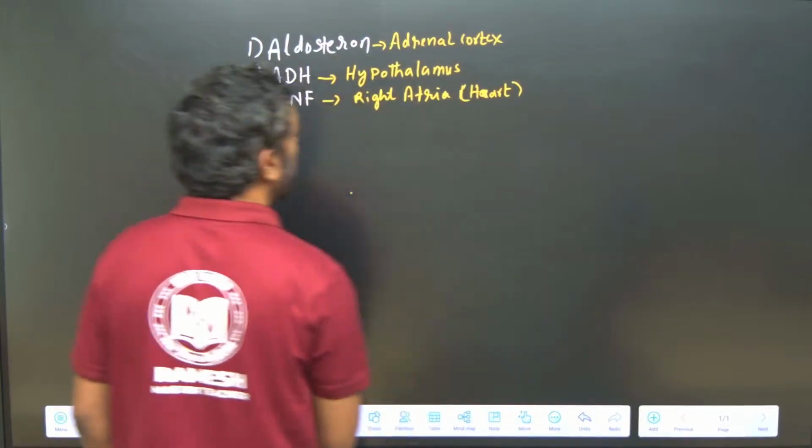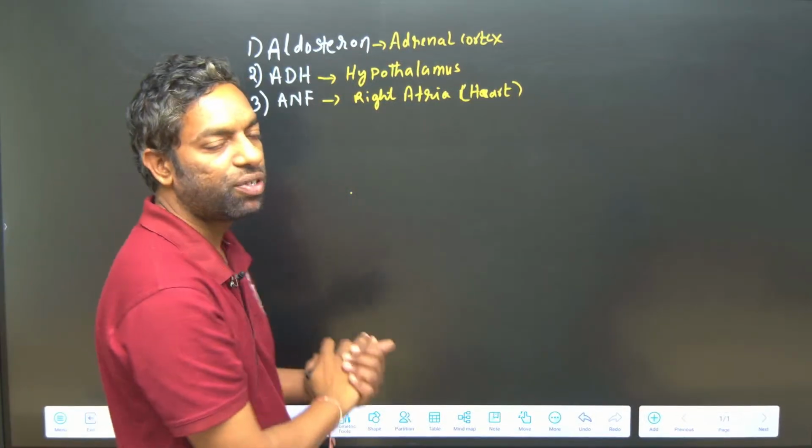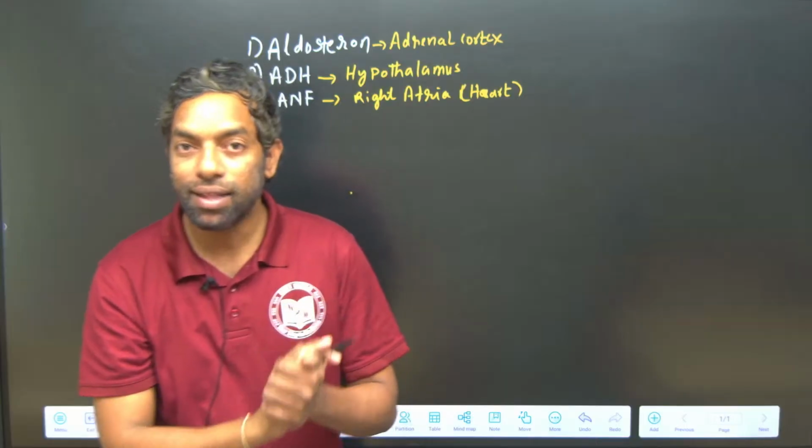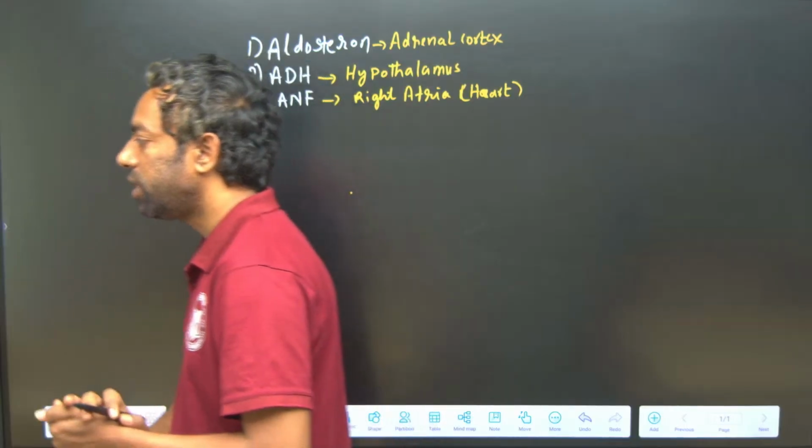Right atria of the heart. How these hormones affect urine formation, we are going to discuss in today's class.